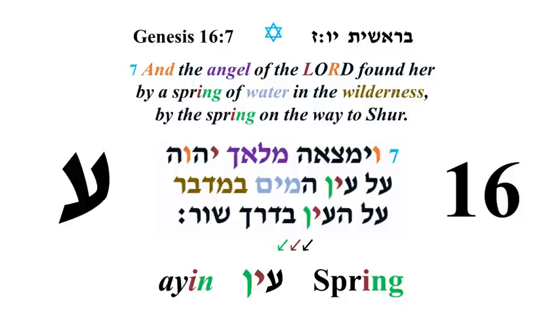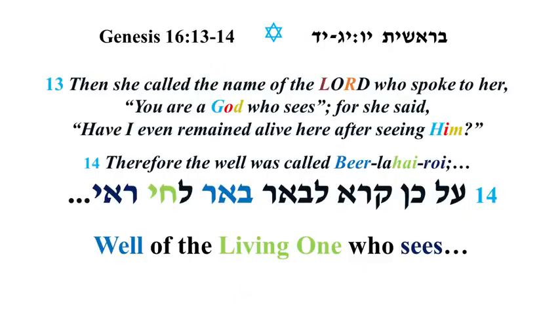And in verse 13, it says, "Then she called the name of the Lord who spoke to her, 'You are a God who sees.' For she said, 'Have I even remained alive here after seeing him?' Therefore the well was called Ber Lahai Roy, well of the living one who sees."